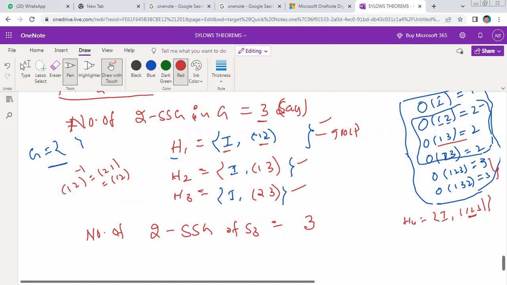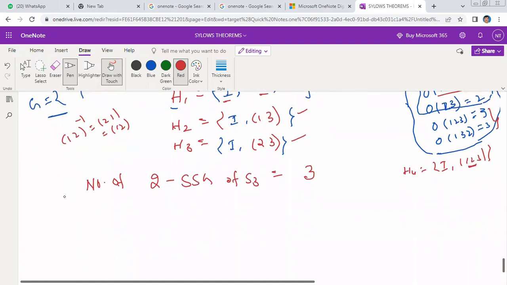What are the elements in the 2 Sylow subgroups? Our question is the number of elements in the 2 Sylow subgroups. Yes, answer please, anybody. Two, sir, two?